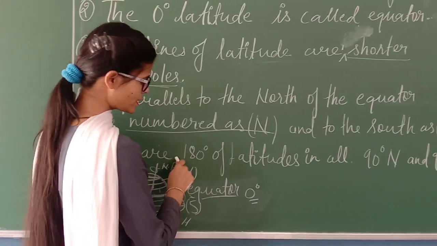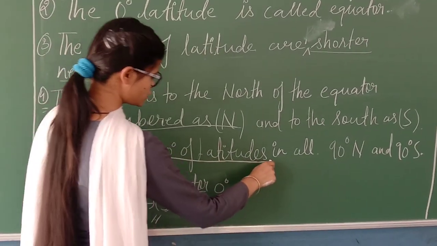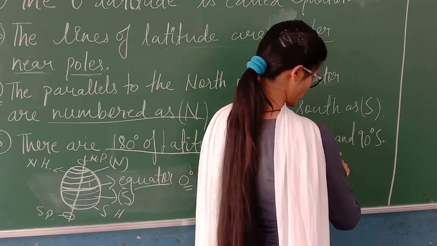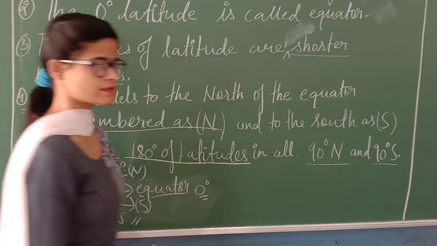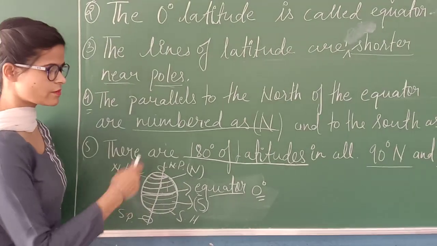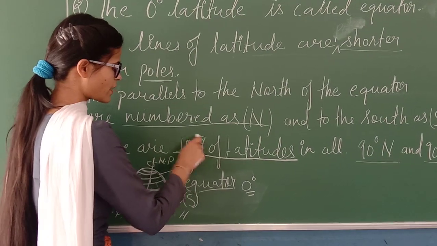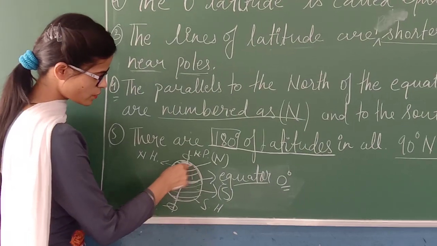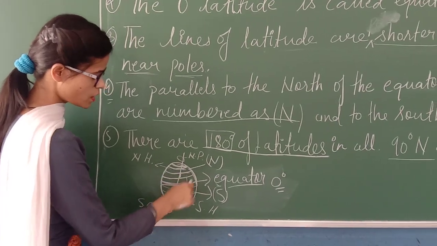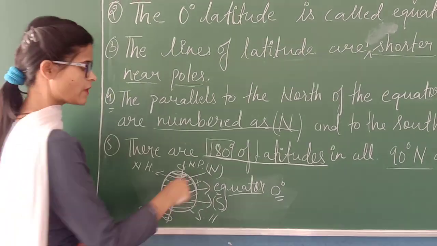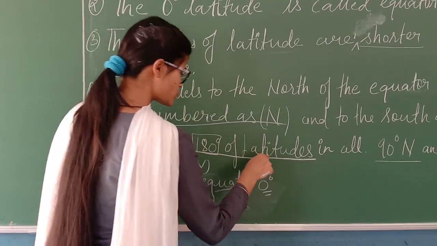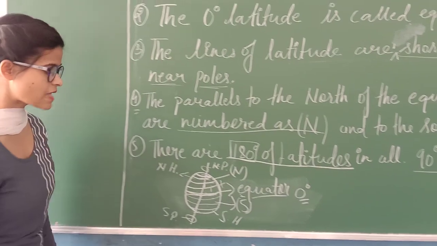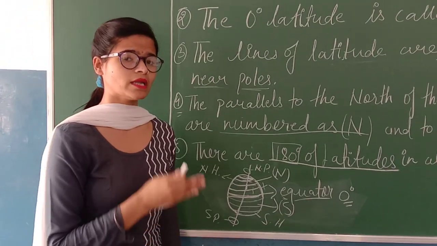Now there are 180 latitudes in all, 90 degree north and 90 degree south. इसका मतलब ये नहीं है कि 180 डिग्री हमारे पास 180 लैटिट्यूड्स हैं, यानी कि हम ऐसे नहीं काउंट करेंगे 1 2 3 4 5 6, this is wrong. 180 degree of latitudes means all our latitudes are at the angle of 180 degree.